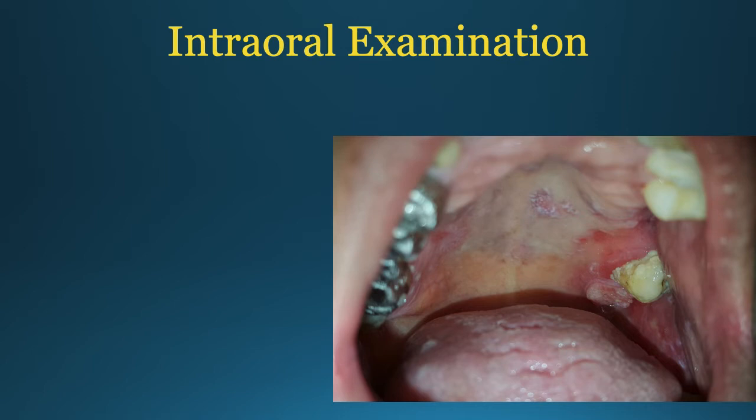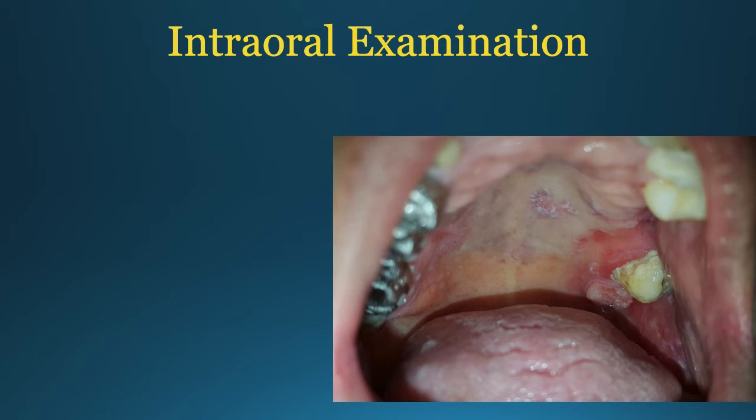This is on the ridge, and in the middle of the palate we have also a lesion, and on the other side, maybe on a metallic bridge, we also have a lesion. So let's talk first about the lesion in the middle.